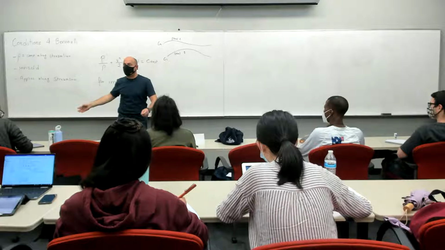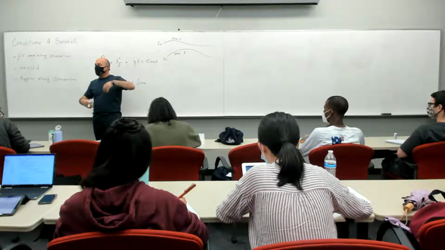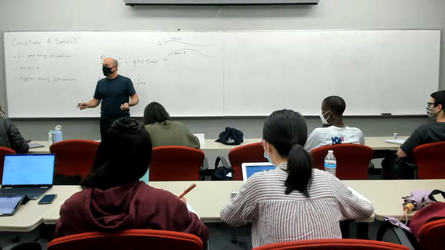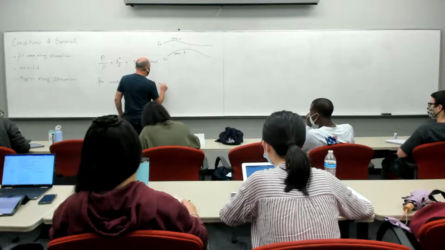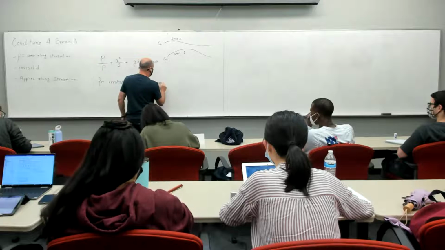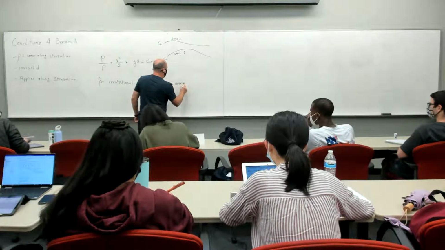So in an irrotational flow, you can apply Bernoulli equation between any 2 points. There's no need to have a streamline. Okay? C is constant, so the equation is valid everywhere.